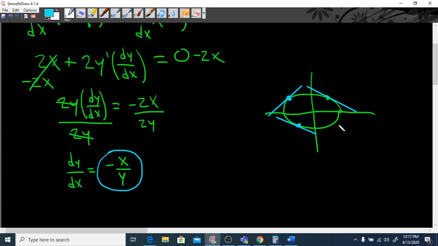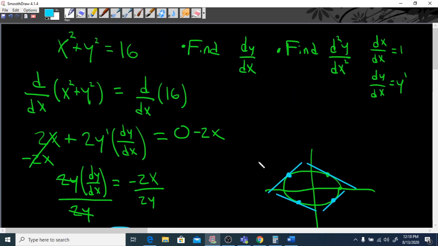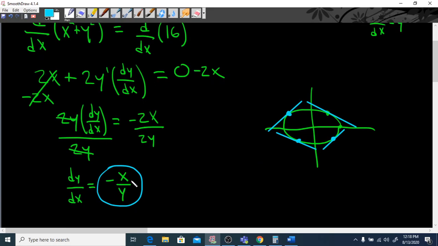And if we come over here and draw a tangent line, the slope is positive, which is fine because x is positive and y is negative. So positive over negative is negative, but the negative sign out front makes dy/dx positive. This is a quick insight into what the result dy/dx equals negative x over y actually means.